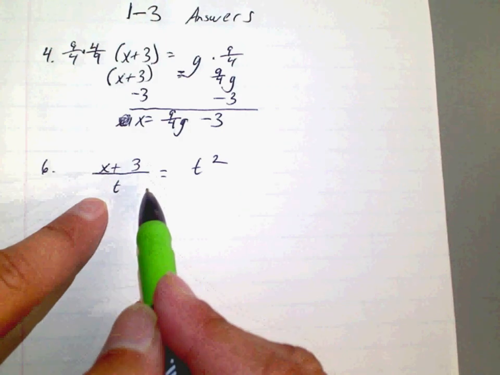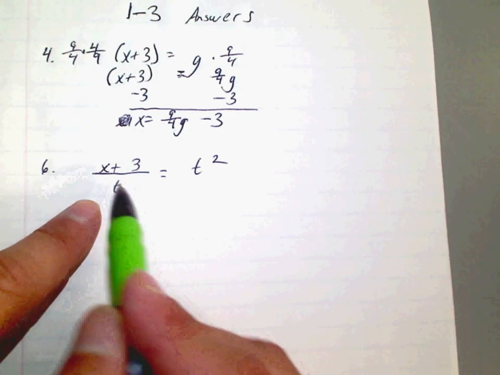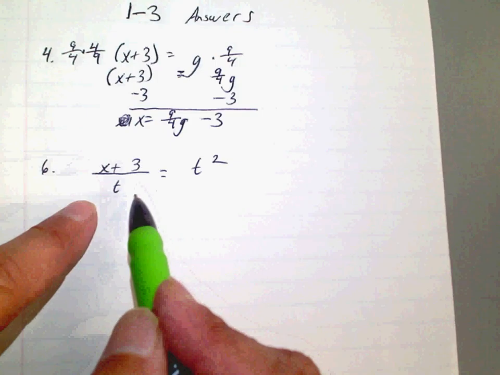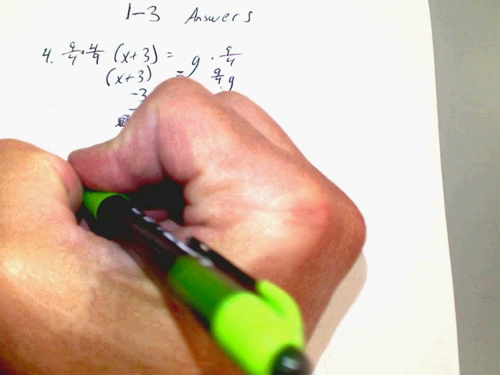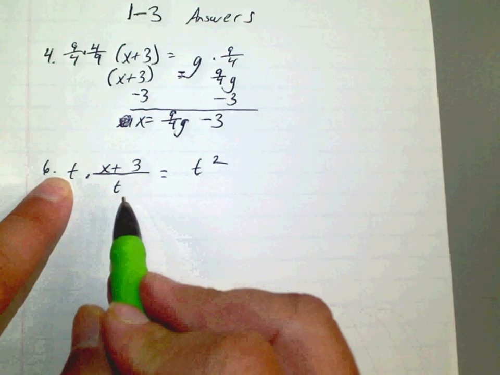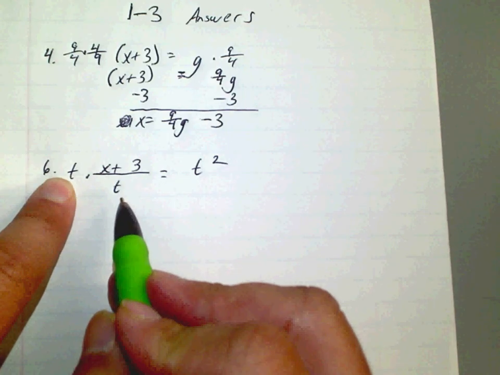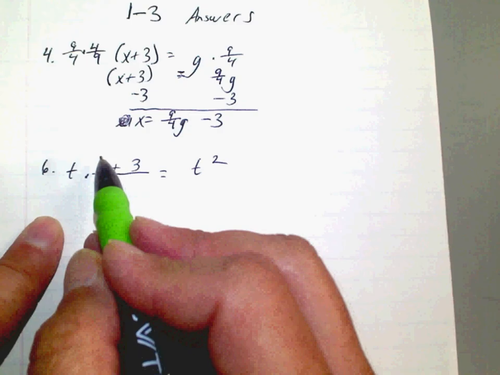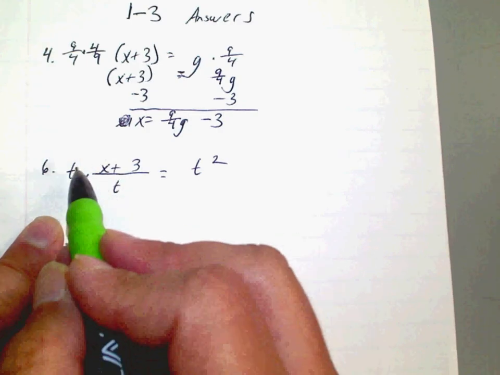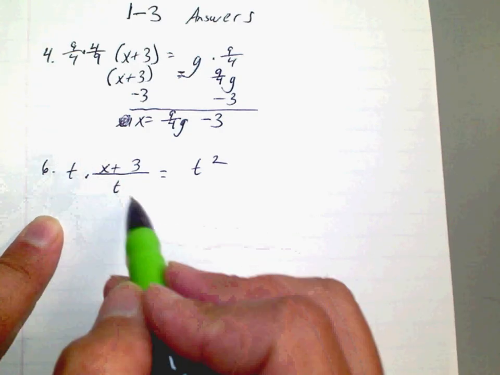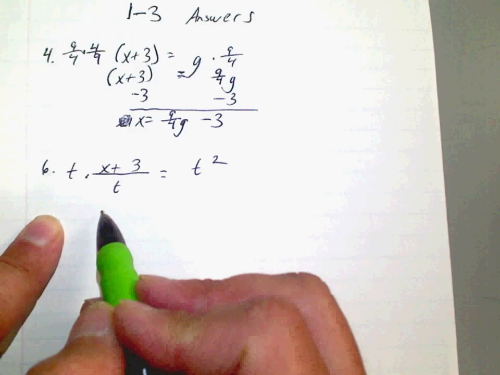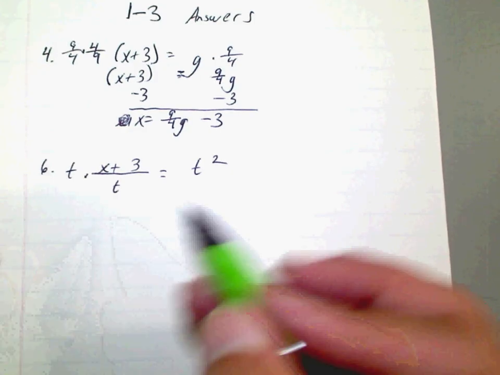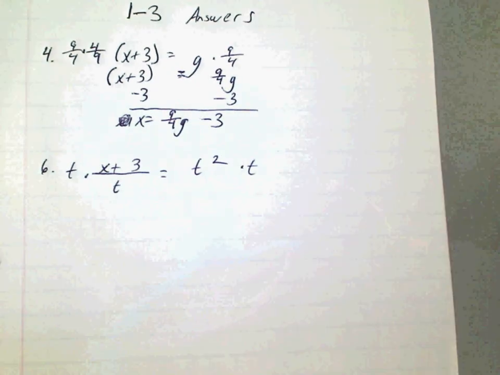We have x plus 3 over t. We don't like that t down there, so the opposite of dividing by t is multiplying by t. And that again is, honestly, using the inverse property, because if you had a 1 here and a t there and a t in the numerator and a 1 down here, what it's telling you is those t's can cancel each other out, simplify to 1. If we do it to one side, we do it to the other.